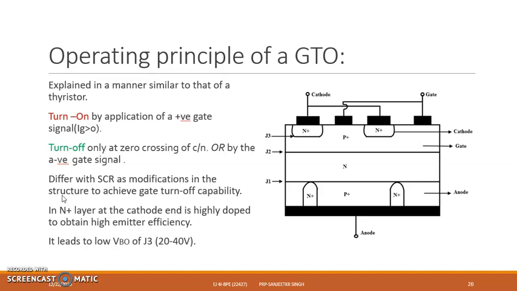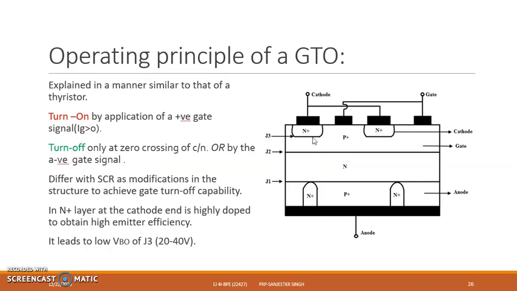How it is different is in the structure modification that is done to achieve the turn off capability, and we find an N plus layer here which is highly doped near the cathode structure. These N plus layers are highly doped to make the emitter efficiency high, and it will lead to a low breakover voltage.